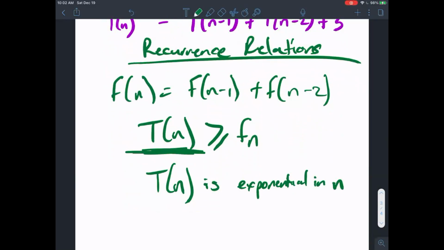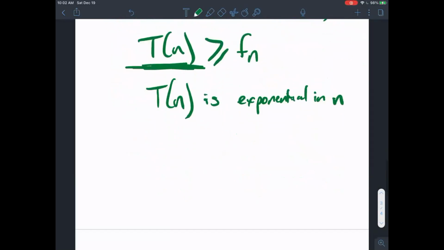If people have questions, ask on the chat, I'm looking at the chat right now. So T of n is exponential in n. And now, let's try to see what happens when we want to compute F of 200.